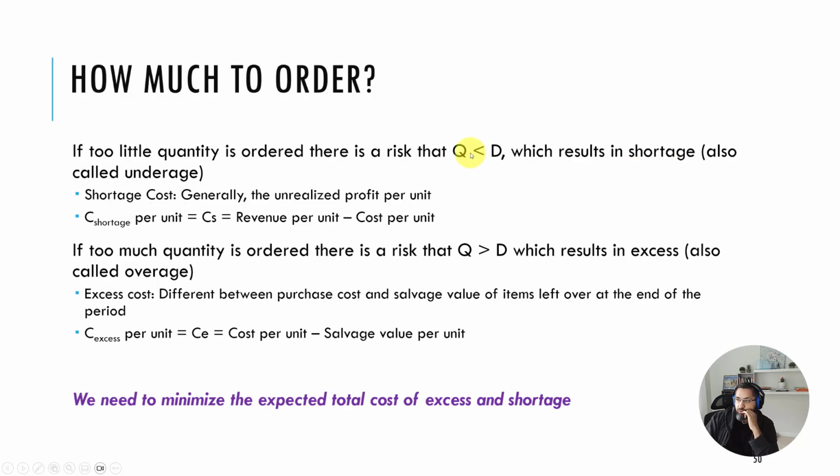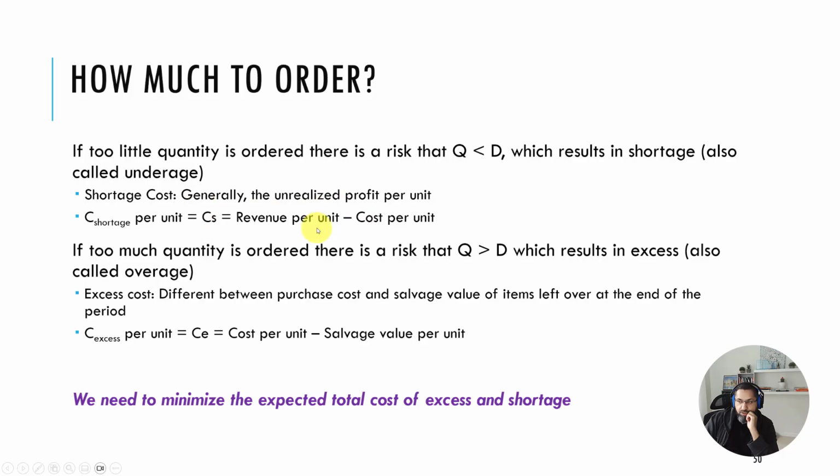So if Q is less than D, if the quantity ordered is less than D, and obviously we can't get a replenishment, then we're going to have shortage. We're going to have sales that we could have satisfied if we had more inventory, but now we can't make those sales. So the shortage cost of having too little is the revenue per unit minus the cost per unit.